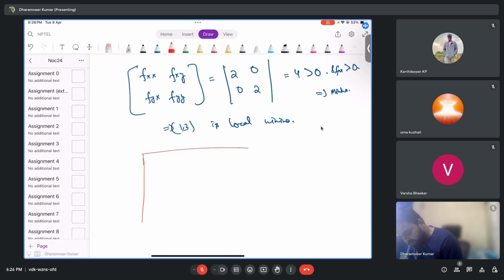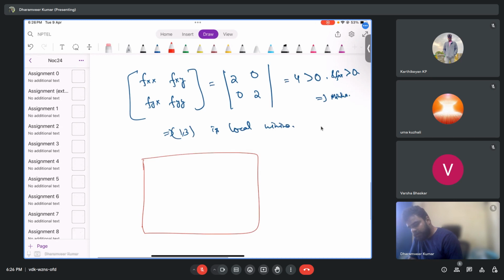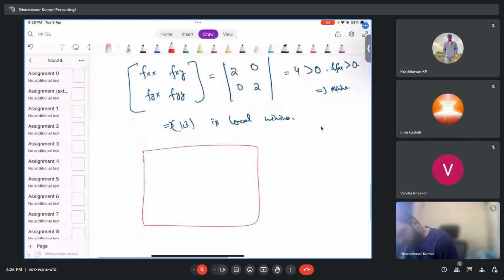So if those points are critical points, the determinant D is the determinant. This is maximum.